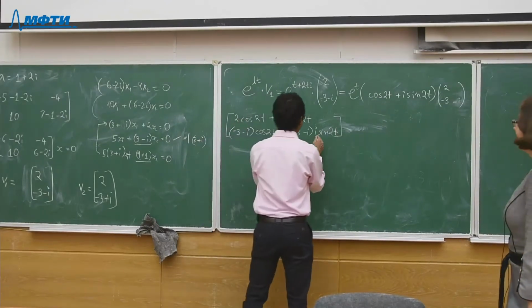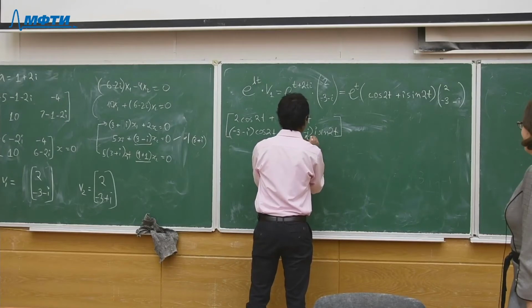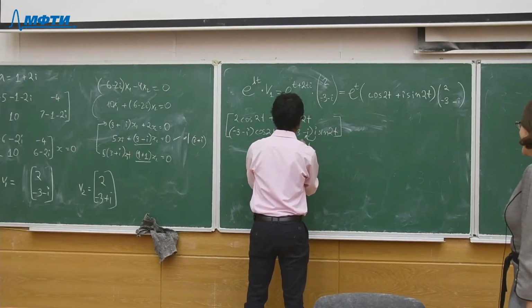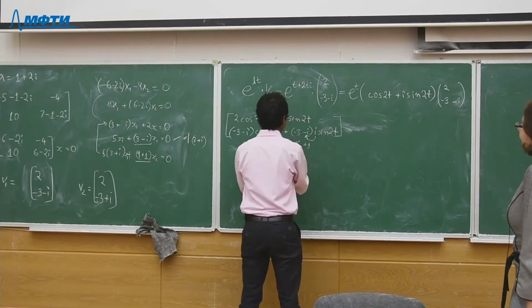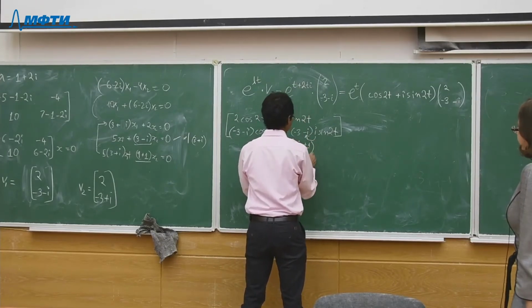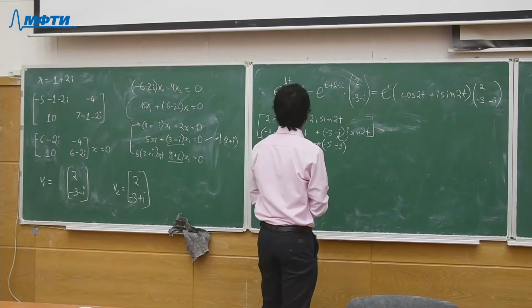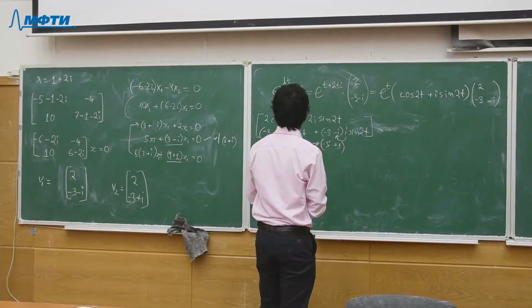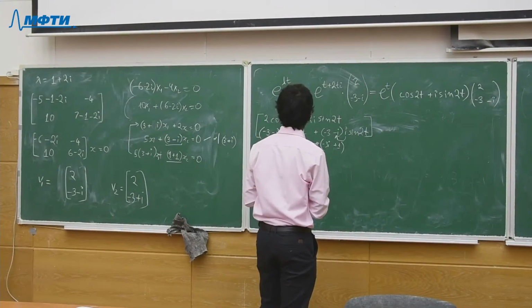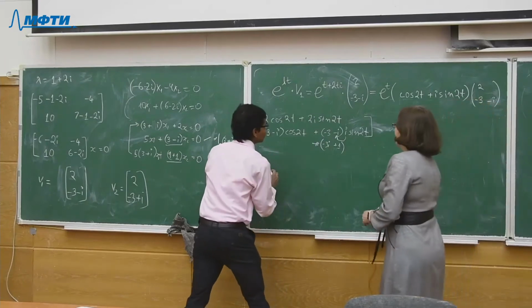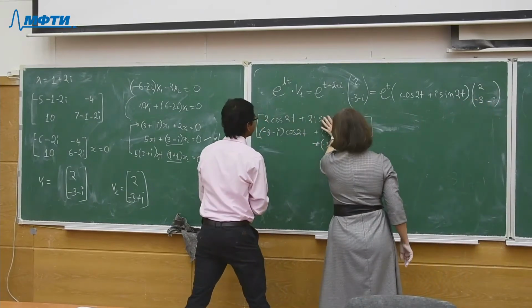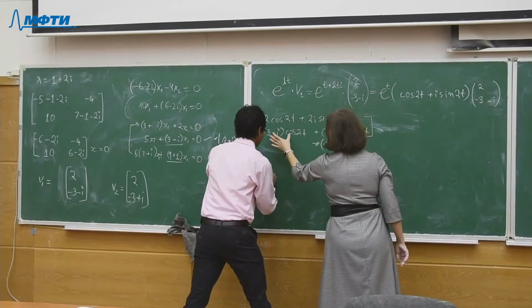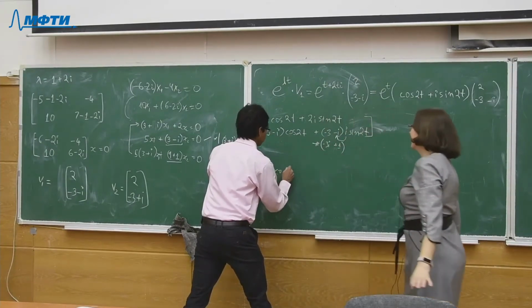Here only needs simplification. 1 minus 3i plus 1, correct. Yes, so we just need to find the real part and the imaginary part, and now you also need the real part and the imaginary part.